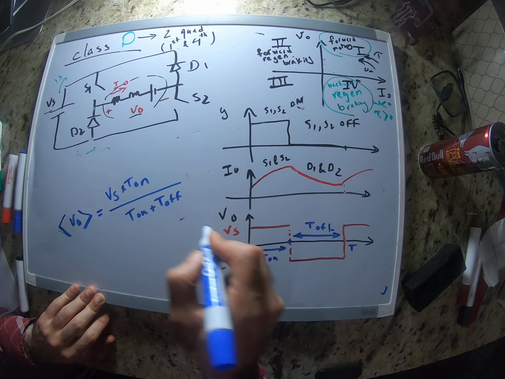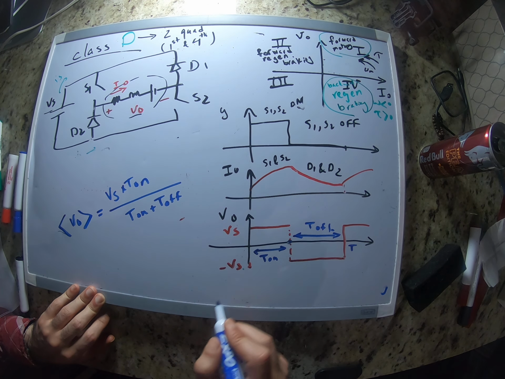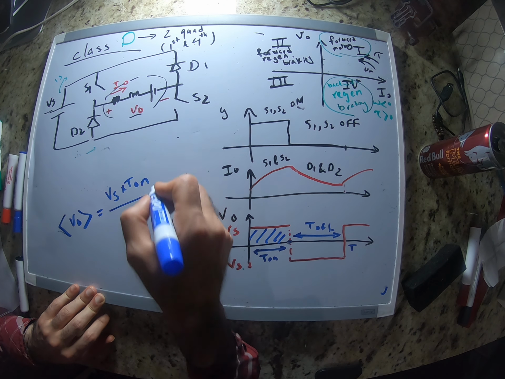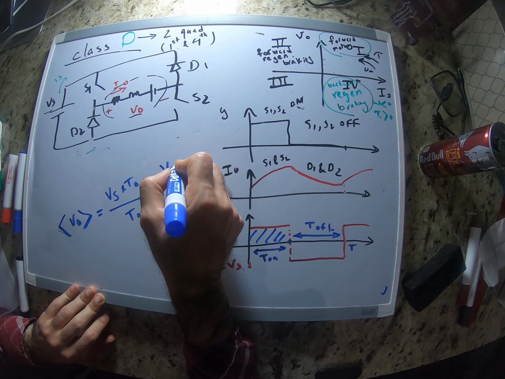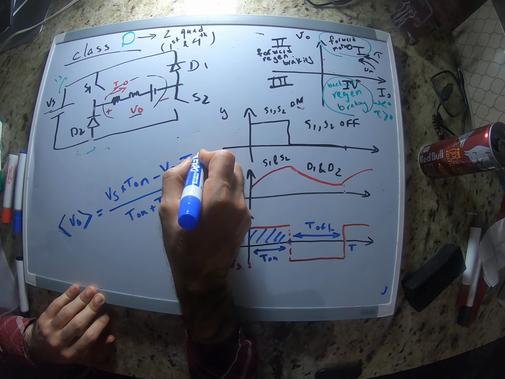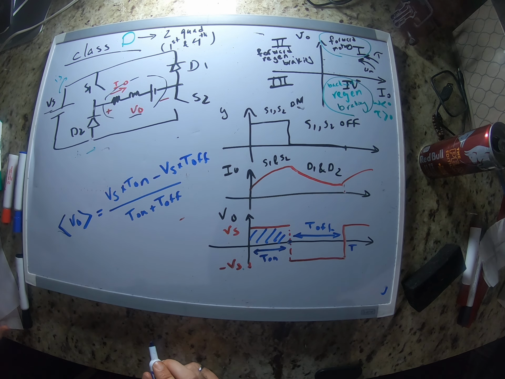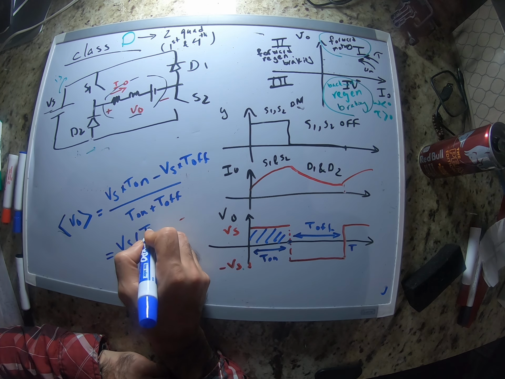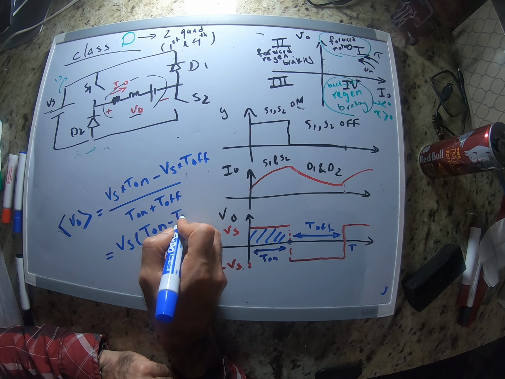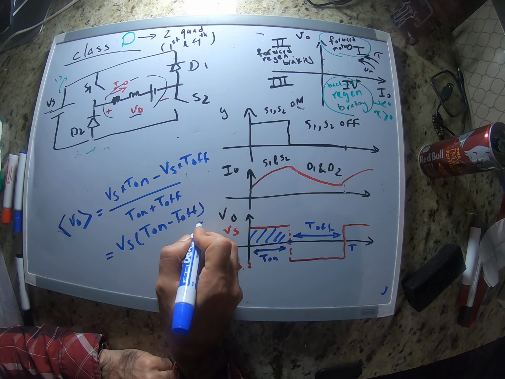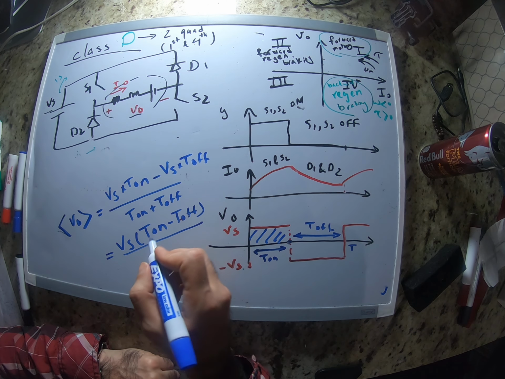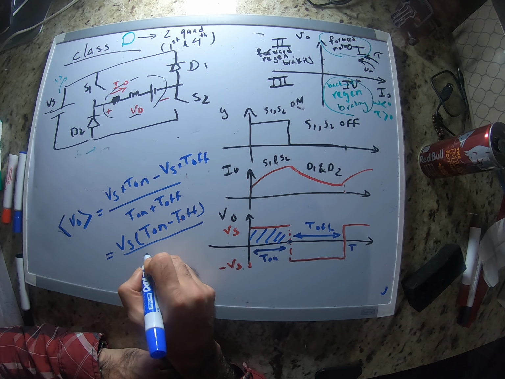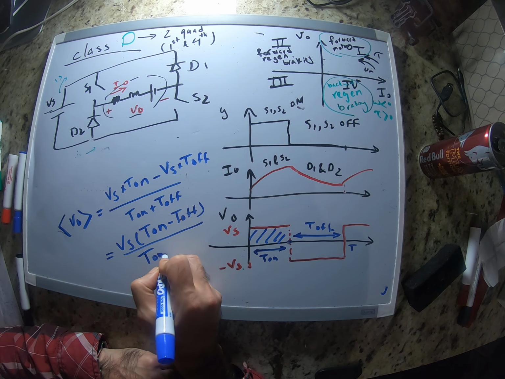That's going to be this area, right? Minus Vs times T off. Okay, so if I simplify that, it would be just Vs times T on minus T off divided by the period. So I can write T on plus T off, or just T. Let me just write T on plus T off.